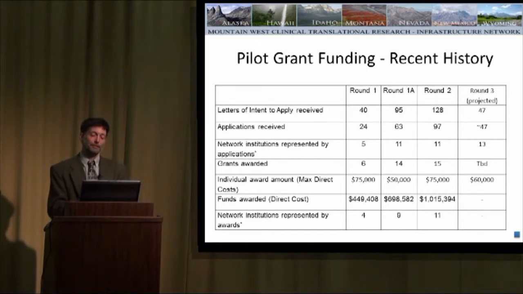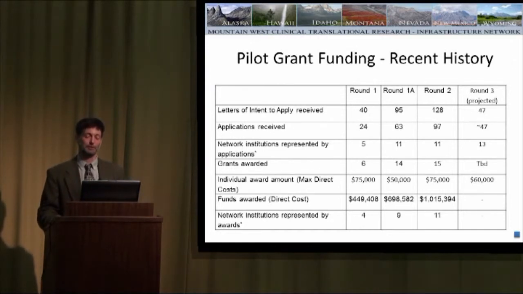You'll see here that we've broken this down into different columns, and in our first year we actually had 2 rounds of pilot grant applications, and as you can see, we received lots of interest, starting rather small and slowly, where only 5 of our partner institutions had submitted applications to receive pilot grant funding, but we corrected that in our subsequent round within the same first contract year of our award, and we got involvement, engagement across all of our originally 11 institutions. We now consider all 13 institutions.